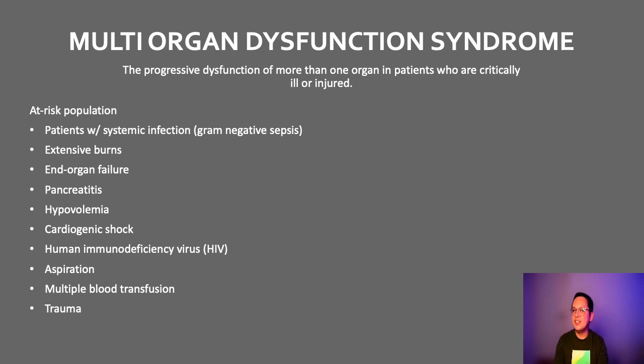And organ failure, especially kidneys, pancreatitis, hypovolemia, cardiogenic shock, human immunodeficiency virus. At the end, in Canada or the US, there is medication that suppresses the virus, PrEP, taken by people who have multiple sex partners and engage in sexual intercourse with other people, especially in the clubs.